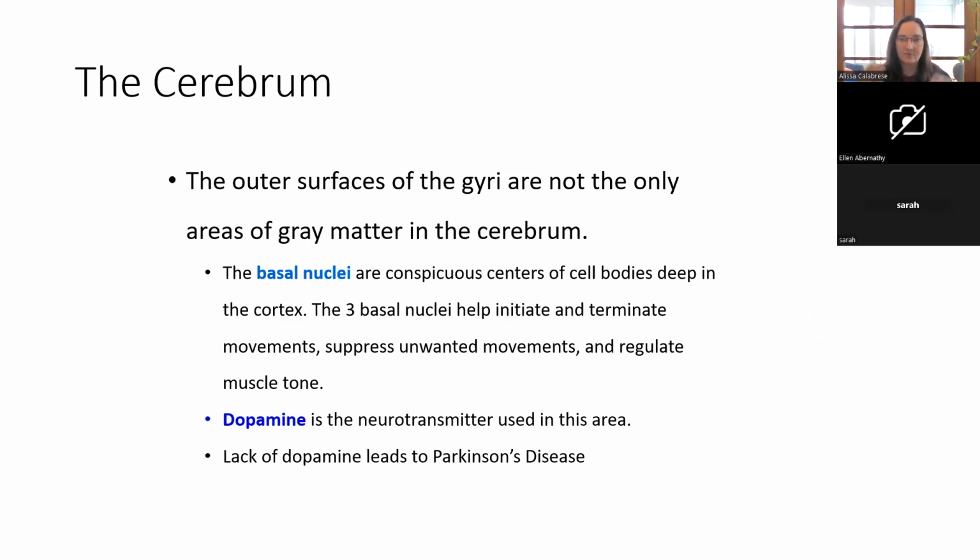So just sort of maintaining muscle control and not having a lot of unnecessary twitching or spasms of the muscles. And the main neurotransmitter that we use there to control all that is dopamine, which is why lack of dopamine in that area leads to Parkinson's disease, right? So in Parkinson's, you see a lot of unwanted motor activity, a lot of spasming and jerky movements because of that lack of dopamine in these basal nuclei.